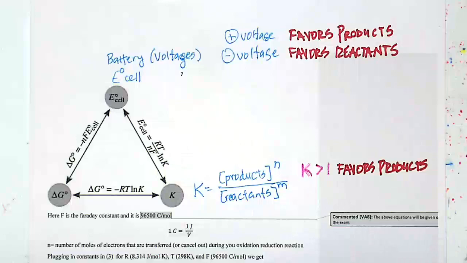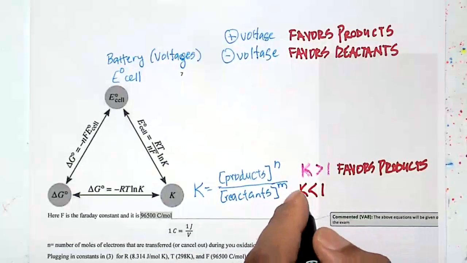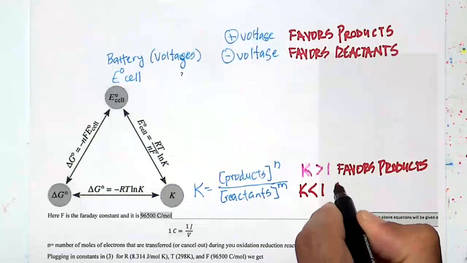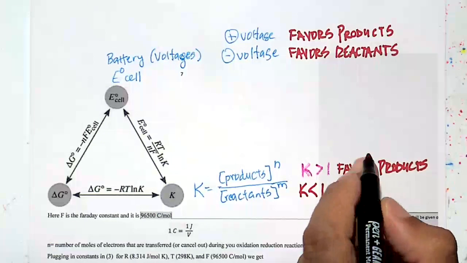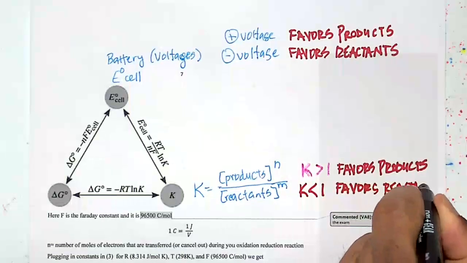If K is less than 1, a very small number, it means you'll have more reactants than products in this ratio. That means your reaction, or your electrochemical cell, your redox reaction, will favor reactants.